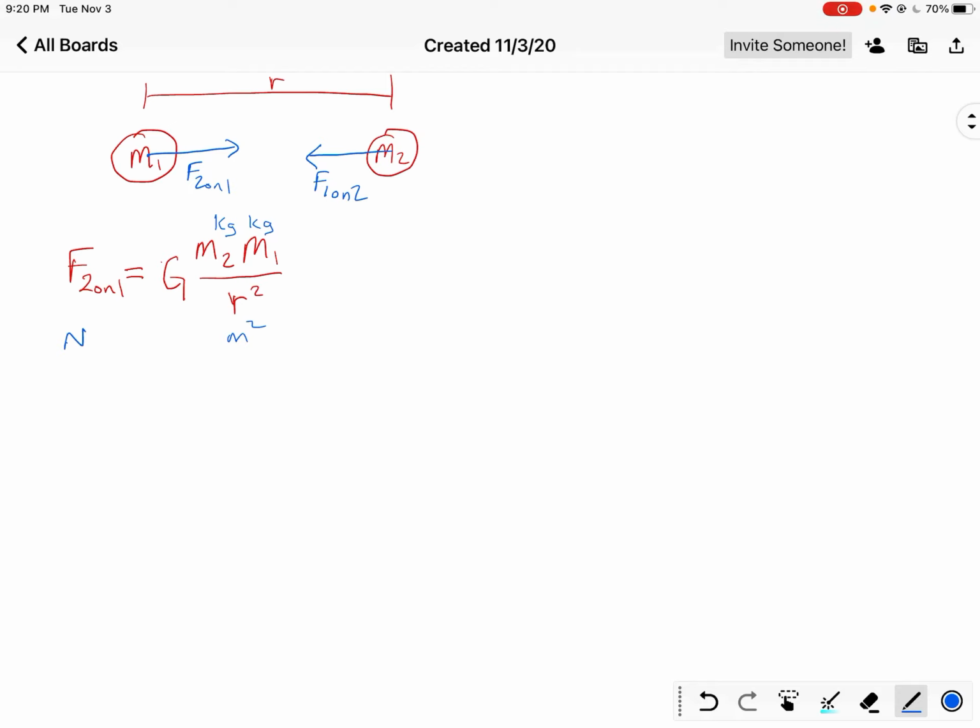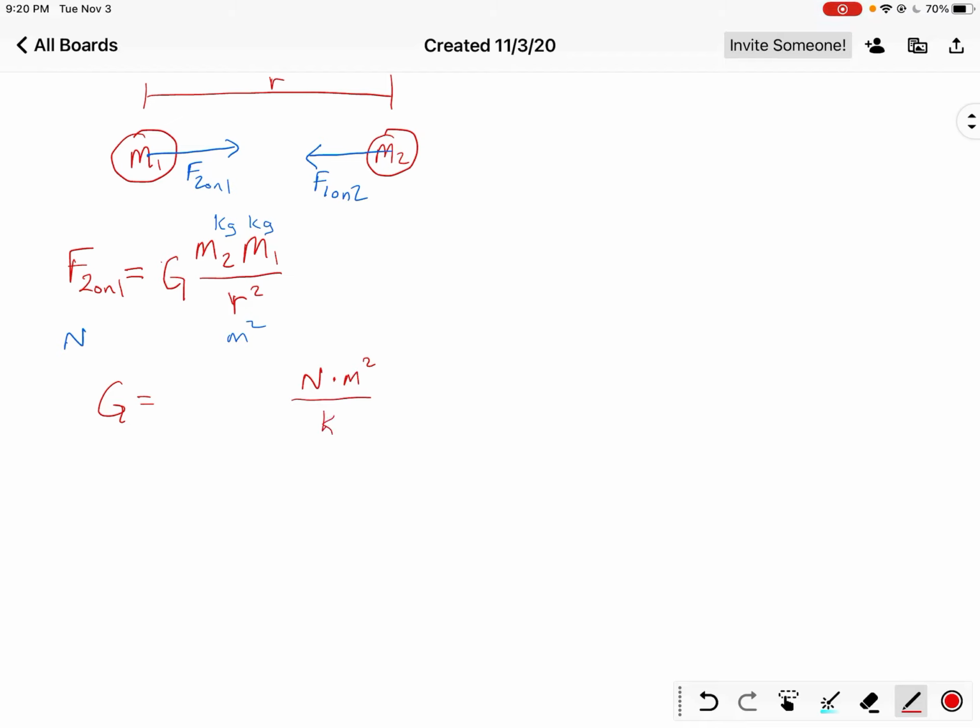So if I'm just doing a dimensional analysis, G has to have units that are going to get me from kilograms squared per meter squared to newtons. So I'm going to need newtons on the top. I'm going to need meters squared on the top to cancel with the meters squared on the bottom.